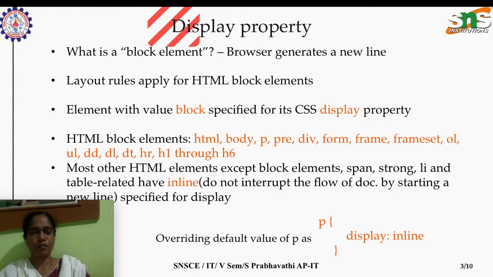We have two values, block and inline. Block elements are HTML elements that generate a new line, and the default property of those block elements can be overridden by changing its display to inline.